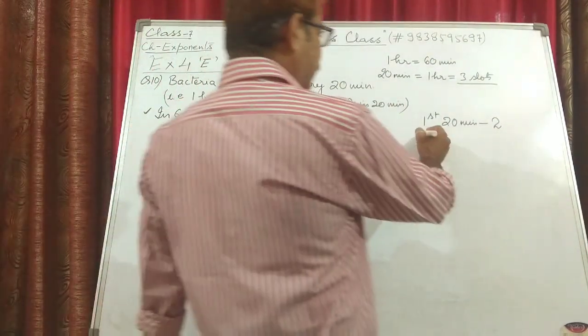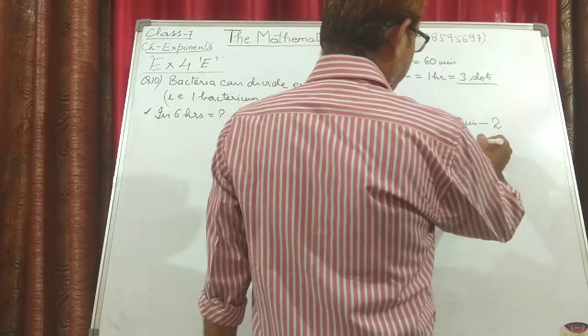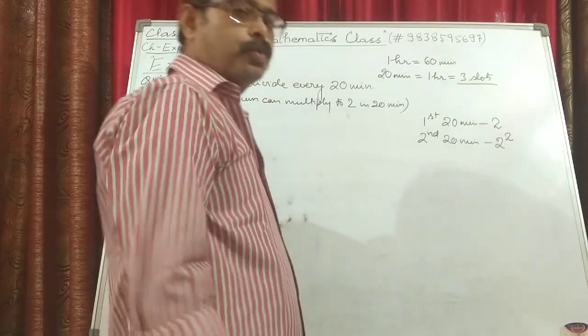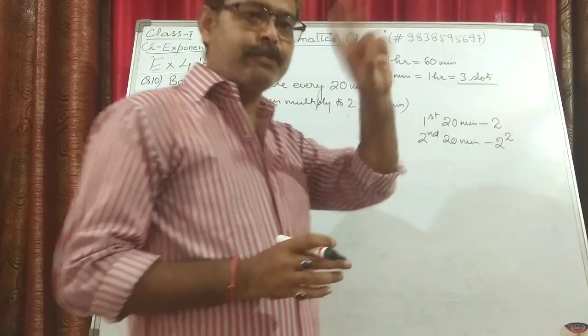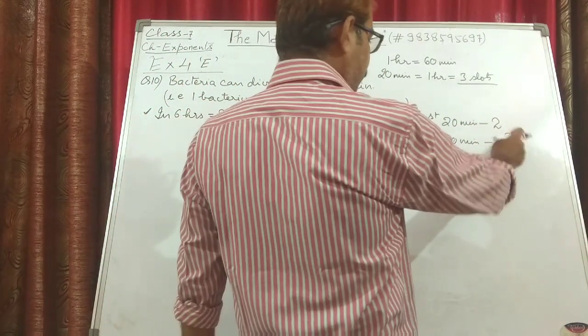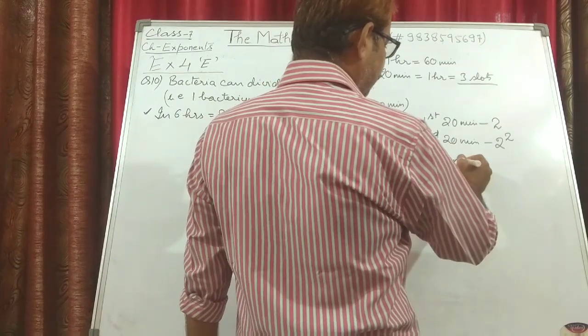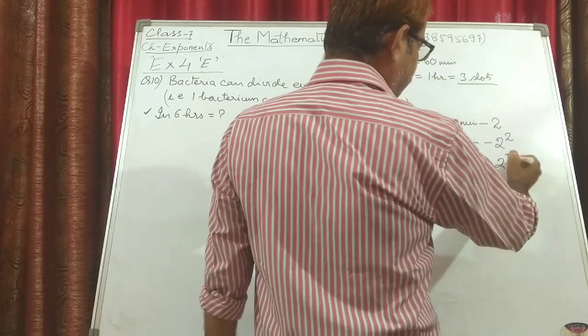In the second 20 minutes it will become again 2 times of whatever it was, means 2 will be divided into 2 more parts, so it will become 4 times. 4 times can be written as 2 to the power 2. In the third 20 minutes, it is going to become 2 to the power 3.